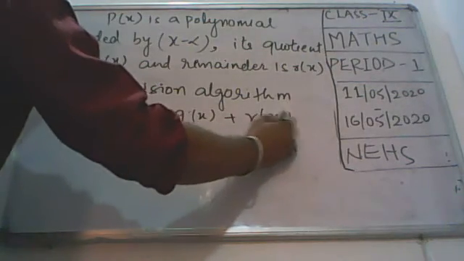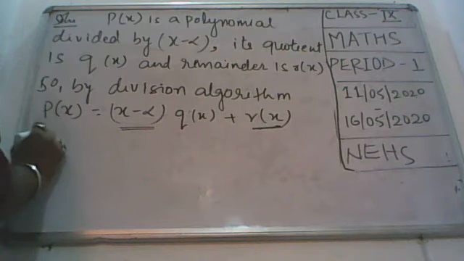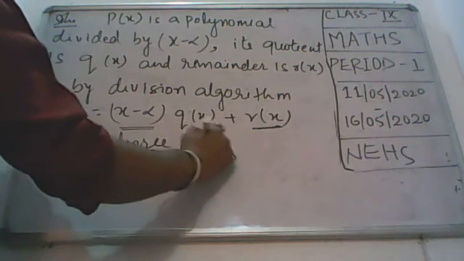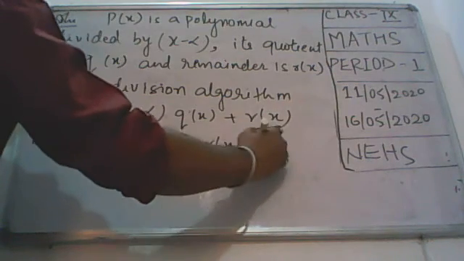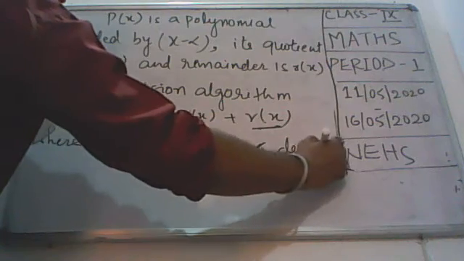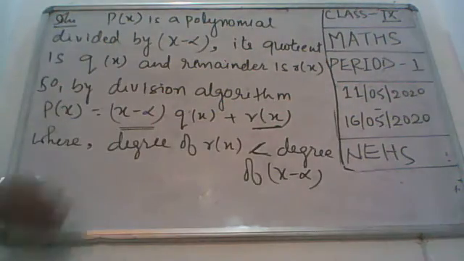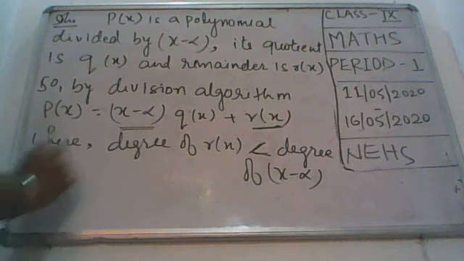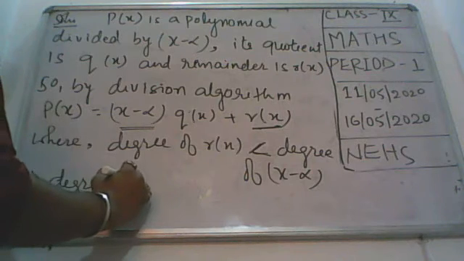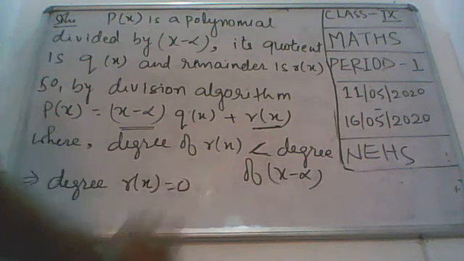The degree of R(x) should be less than the degree of x minus alpha. And what is the degree of x minus alpha? 1. So that means the degree of R(x) is equal to 0.